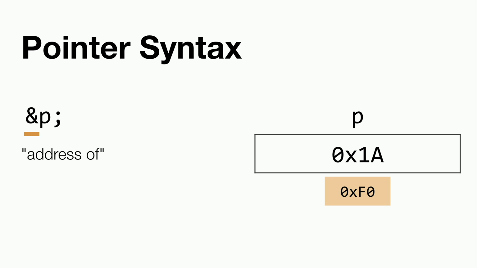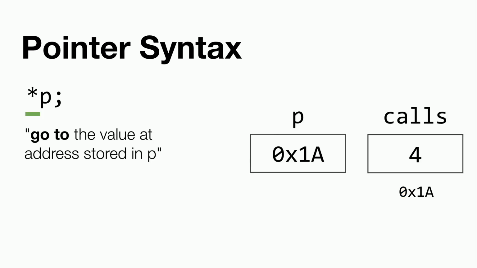Well, how do p and calls combine? Using star p, you're essentially telling your computer to go to the value at the address stored in p. And so this is where our two boxes come back together, right? On the left-hand side, you have your p variable that is storing the address of calls.